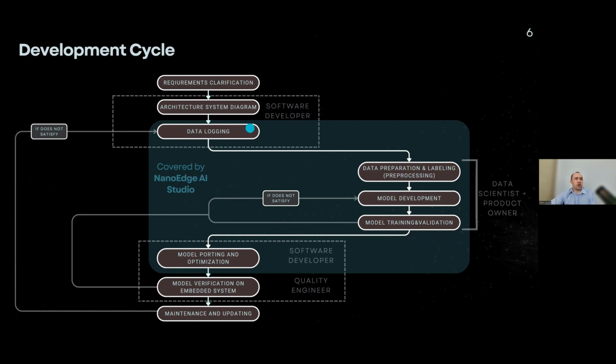Well, it covers a pretty big chunk of work here, meaning we can start with data logging, do all the manipulations with the data, generate a model, train it, validate it, and then get our library ready for porting. That's what it can do, and that's what we will be crunching this evening. So that's my part of the presentation.